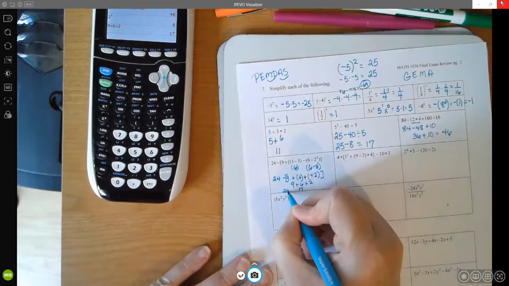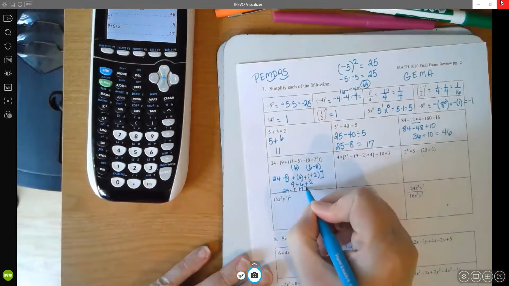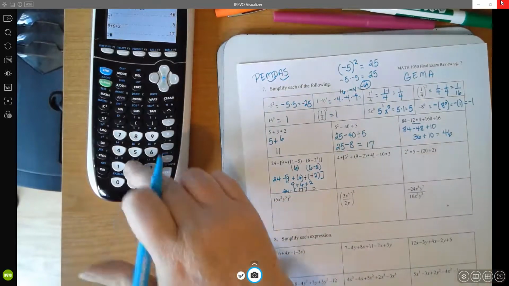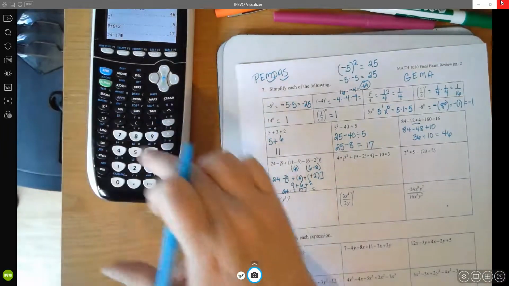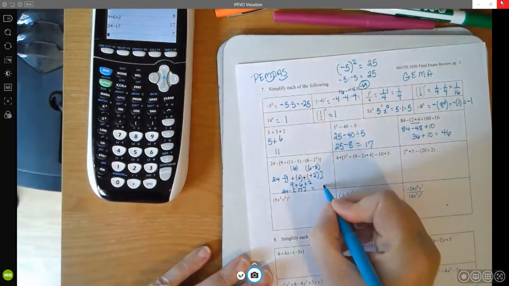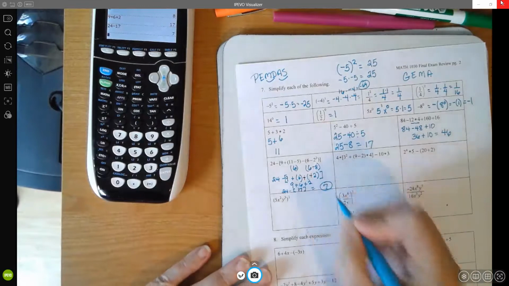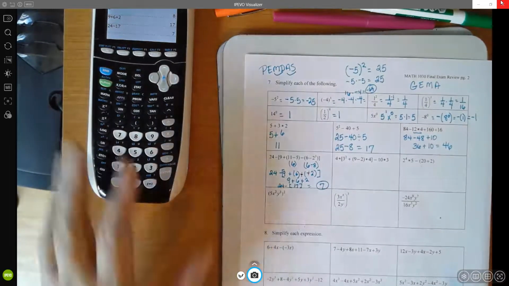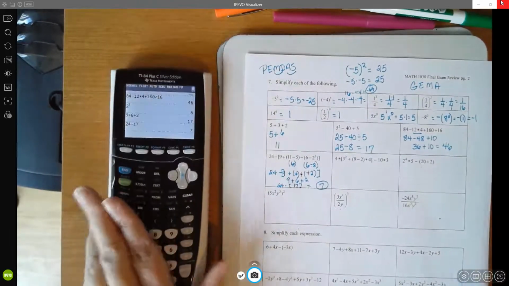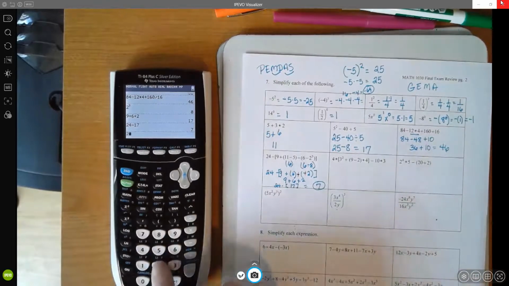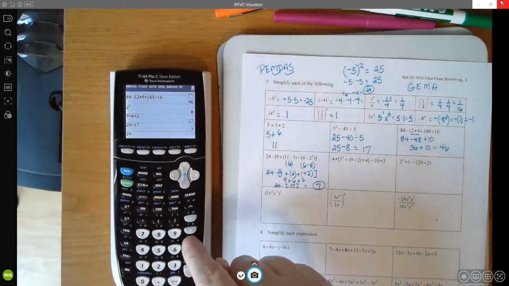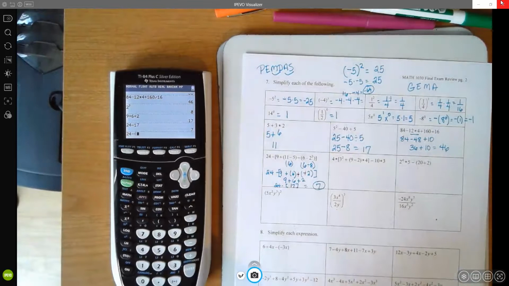And that 24 minus should be on the outside. So that gives me 24 minus 17, which should be 7. So 7 is my final answer. So let's look at that and type it in. When you type it in on the calculator, remember that your calculator doesn't care what size the parentheses or brackets are. It's smart enough to know open and close, and that's what it uses.